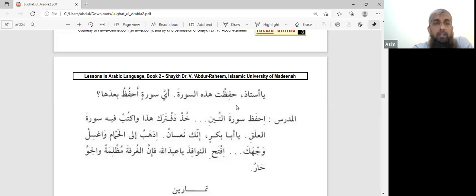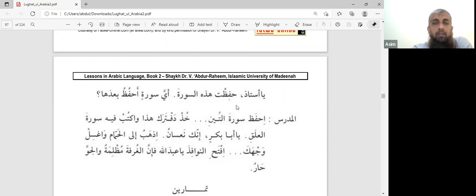There's supposed to be a fatha on the fa in the middle, because it's hafidha yahfadhu, so the fa takes a fatha. So this is a mistake here. Ayya suratin ahfadhu ba'daha. What surah am I learning after it? After it.